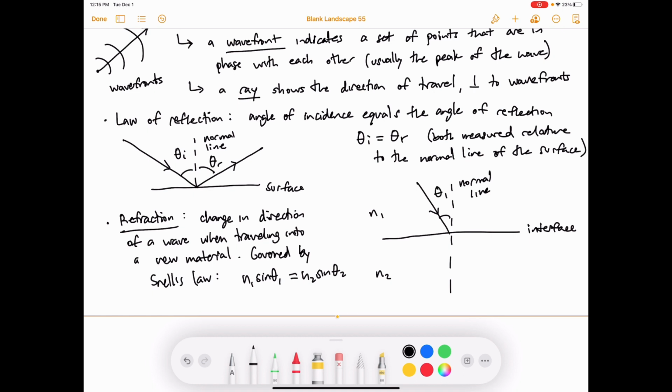Let's call it theta 1, because it's on the same side of the interface as n1. And then to show that we have refraction happening, the ray gets bent. It's moving in a new direction after going into the new material, which is at an angle theta 2 now, relative to the normal line. That's refraction. And again, if we want to relate those two angles, we use Snell's law as shown here.